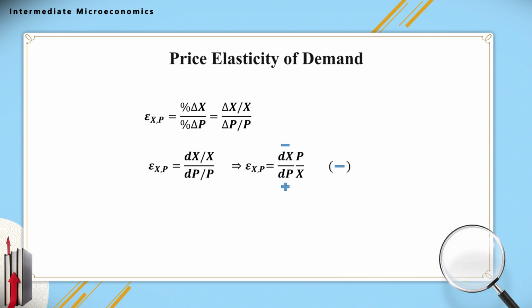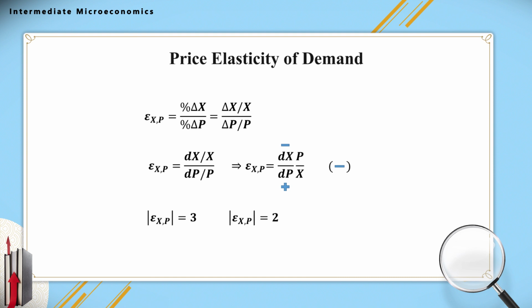A higher absolute value represents a stronger response. So usually, when we talk about the price elasticity, we refer to the absolute value, and the negative sign is omitted. For example, the elasticity equals 3 means the quantity demanded decreases by 3% as the price increases by 1%.